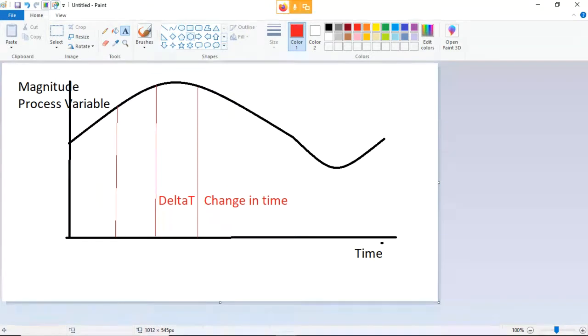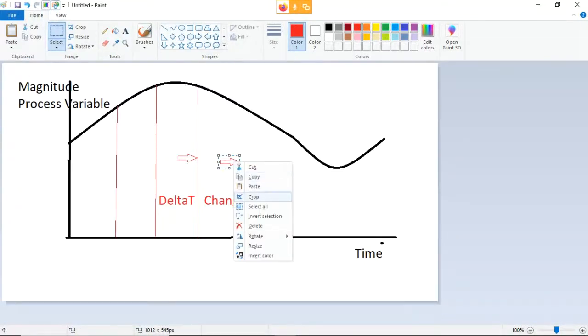So if you look here, all right, the time from here to here is my delta t, okay?